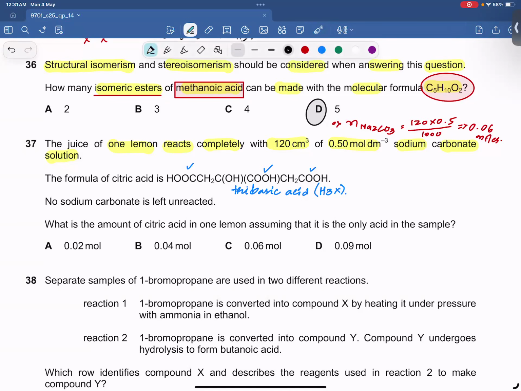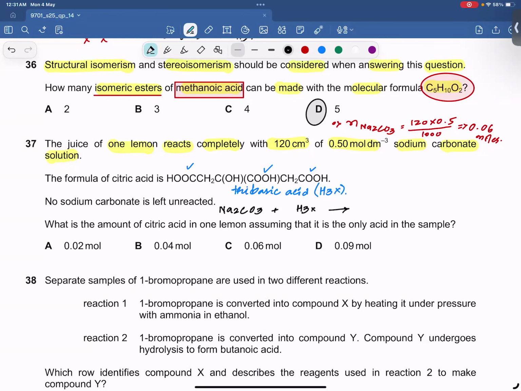Let me talk about the equation. Now obviously the equation is lengthy, so let's see how we manage such a lengthy equation. This is sodium carbonate reacting with H3X, and X is basically 3 minus charge, because hydrogen has +1 charge.